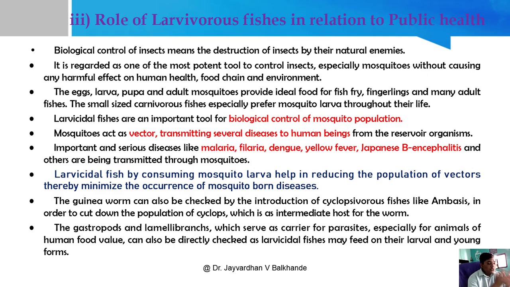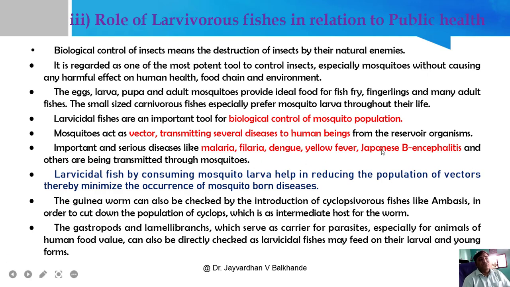So how? Here, the biological control of insects means the destruction of insects by their natural enemies. The larvivorous fish here act as a natural enemy of the mosquito, and control the population of the mosquitoes which spread diseases.